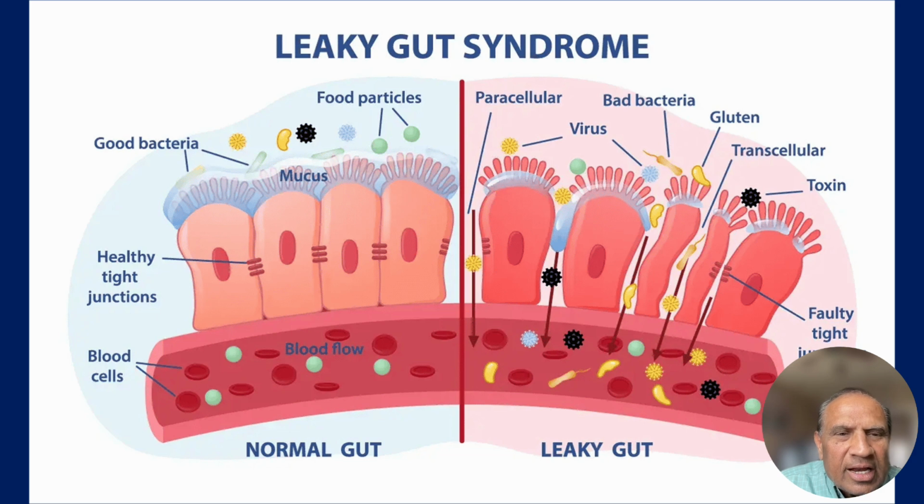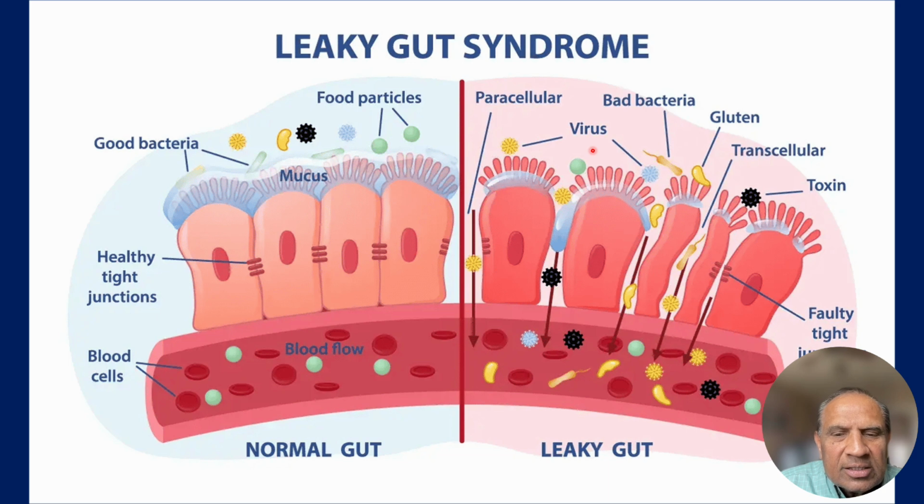In leaky gut, any of these could be affected. One is the paracellular pathway between the two cells. They may not be as tight, so that there is a space between the two cells through which things can go through, even though they are not supposed to. There may be a problem with the intestinal mucus layer or bacteria.